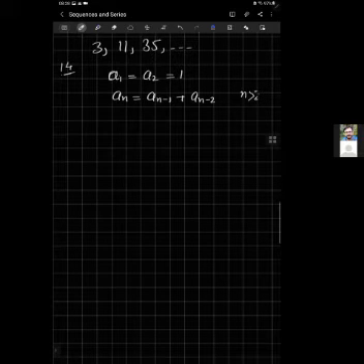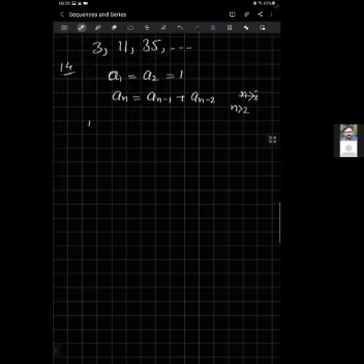This thing is the most important thing. We need to put n greater than 2. So when we will be able to remember this, we will be easily able to do the question.